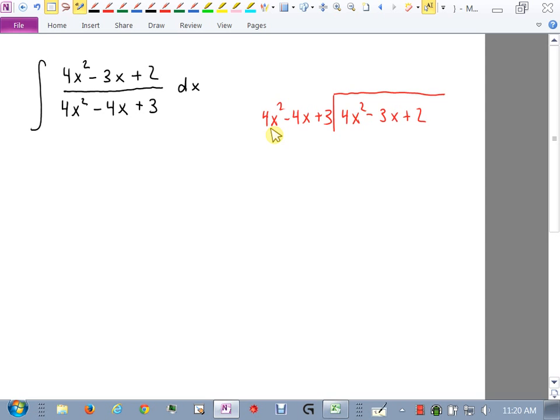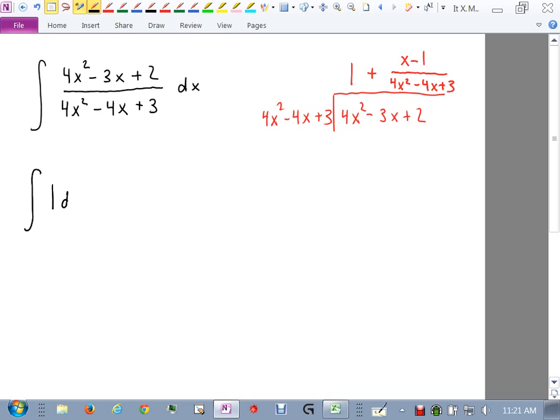Okay, so if you do this, all you're going to get is 1 plus, and then your remainder is going to be x minus 1 over the divisor, 4x squared minus 4x plus 3. All right, so now this integral becomes two integrals.